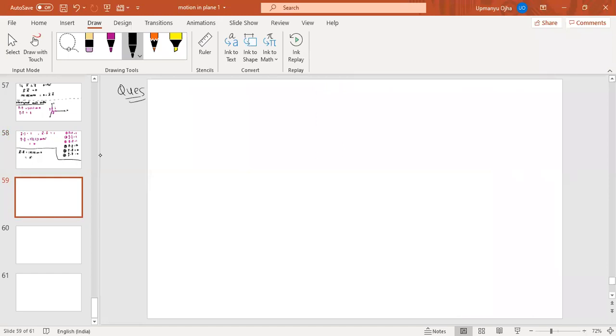Now see, if I give you this problem of how to multiply a dot product: A vector as 2i cap plus 3j cap and B vector as I cap minus 2j cap. Can you find A vector dot B vector?